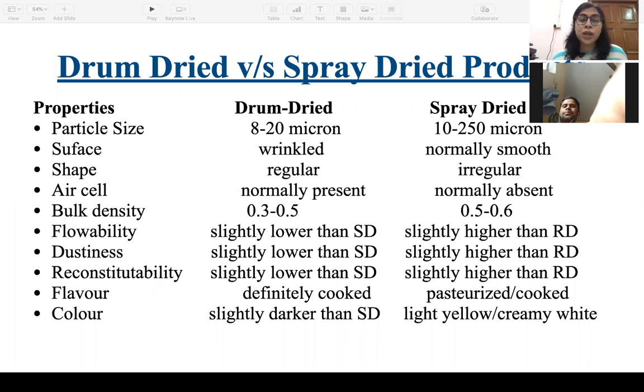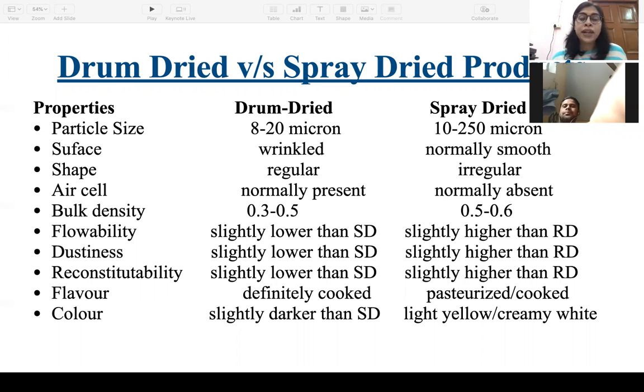The shape of drum dried product is regular, and spray dried product is irregular. Air cells are normally present in drum dried product, whereas they are absent in spray dried products. Bulk density of drum dried product is 0.3 to 0.5 grams per ml, whereas that of spray dried product is 0.5 to 0.6. This higher bulk density is due to absence of air cells.